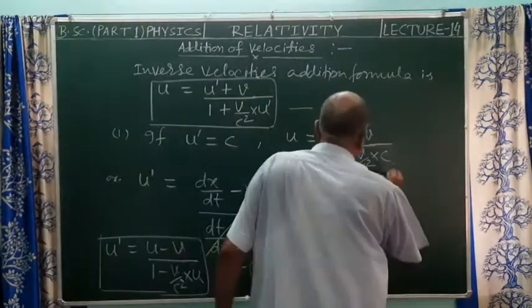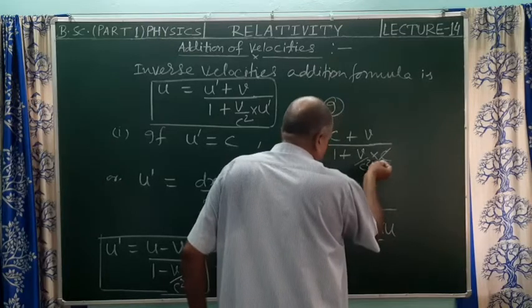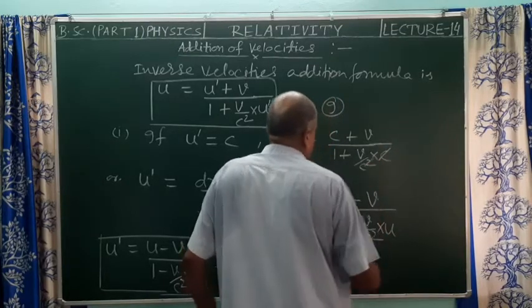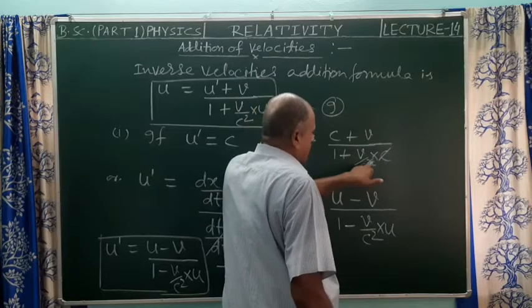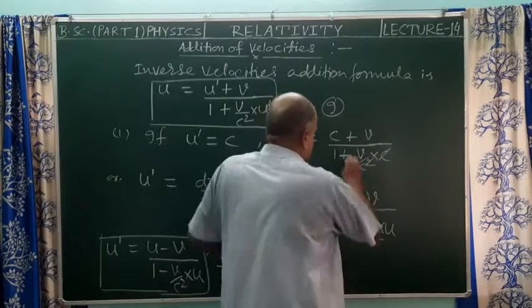After putting u dash is equal to c, c and c square in the denominator will cancel out, we will be left with v by c. c से c स्क्वायर का एक पावर c से कैंसिल हो जाएगा सेकेंड टर्म, डिनोमिनेटर के सेकेंड टर्म में.